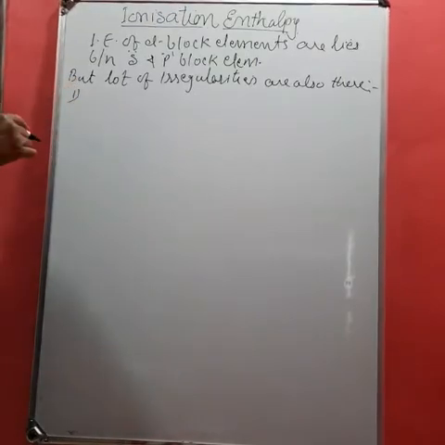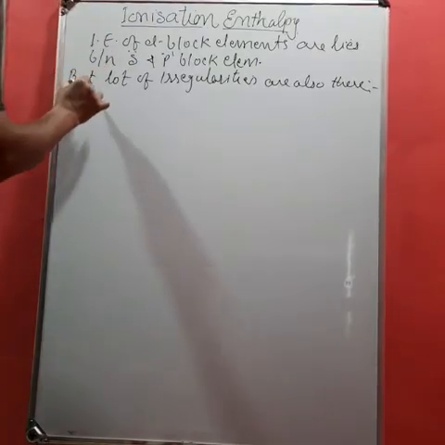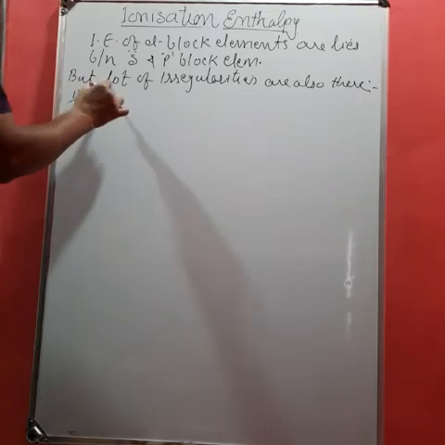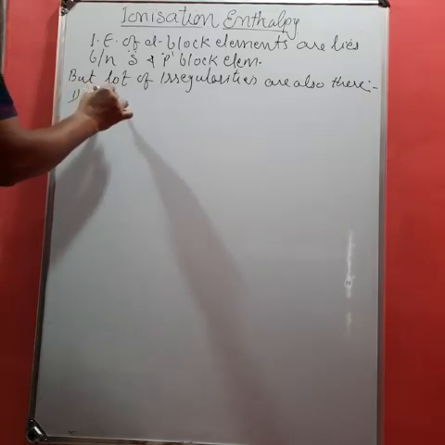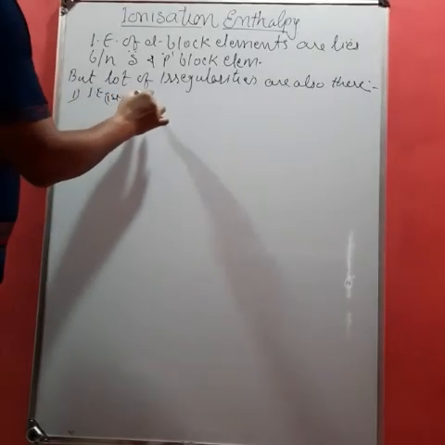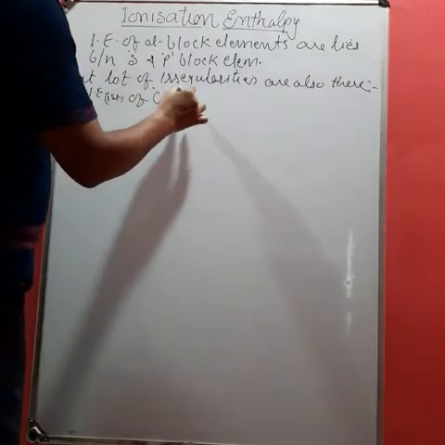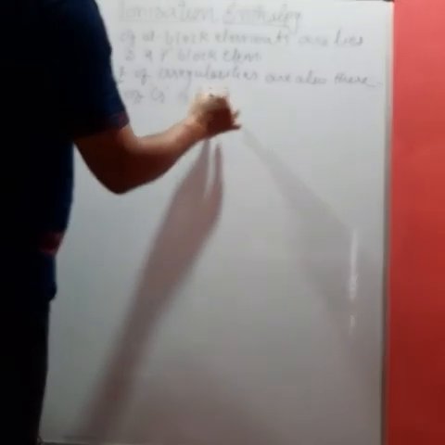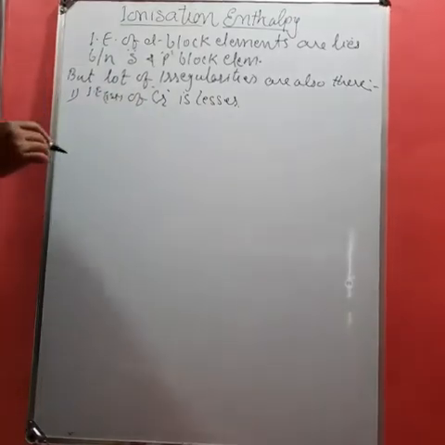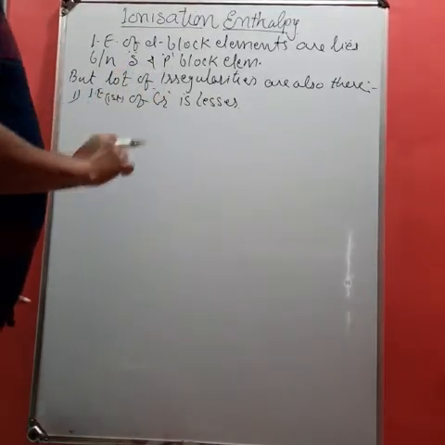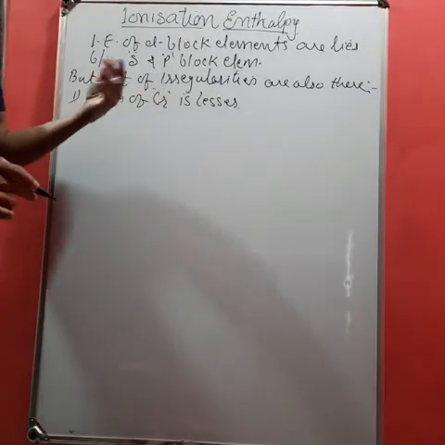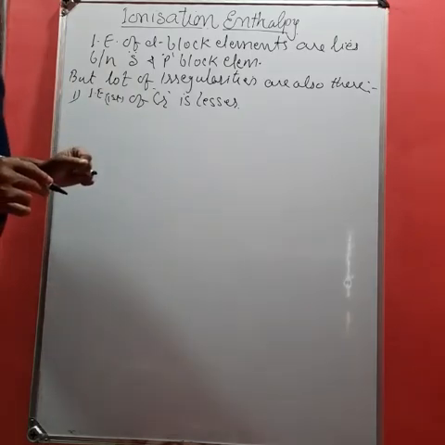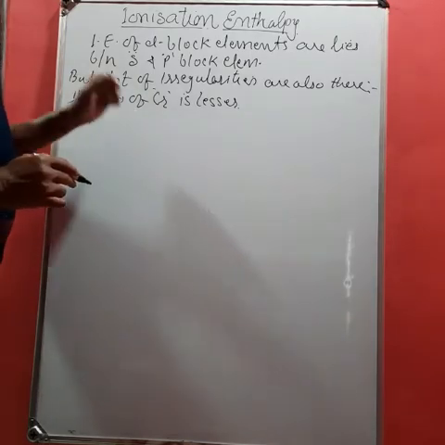Like here, first one: the first ionization enthalpy of chromium is lesser. What is the reason behind it?